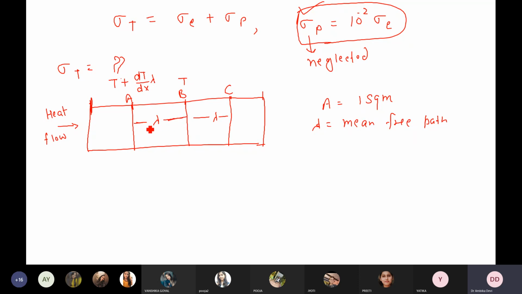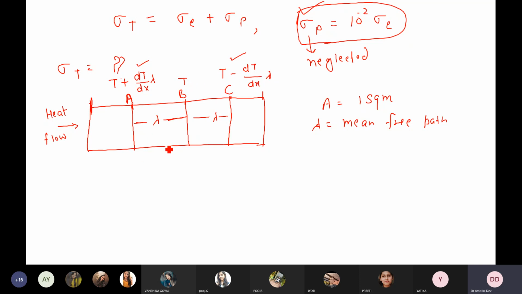Similarly, the temperature at point C is T minus dT by dx times lambda. Why are we doing it like this? Because A is the hot end and C is the cold end, right? So here the temperature is less, here the temperature will be maximum. So this is plus, this is T minus this quantity.